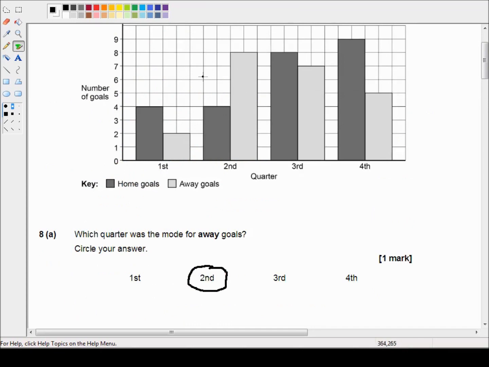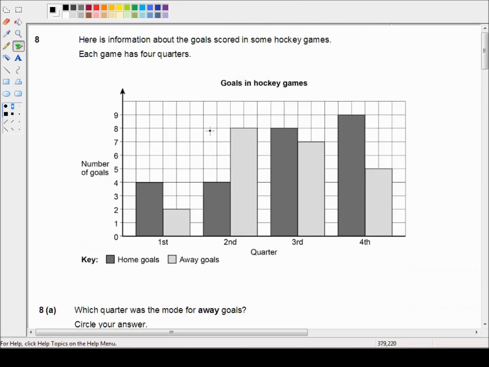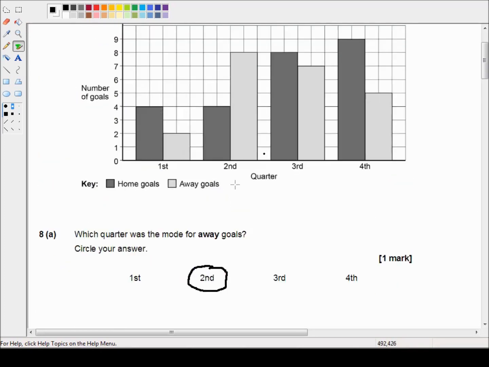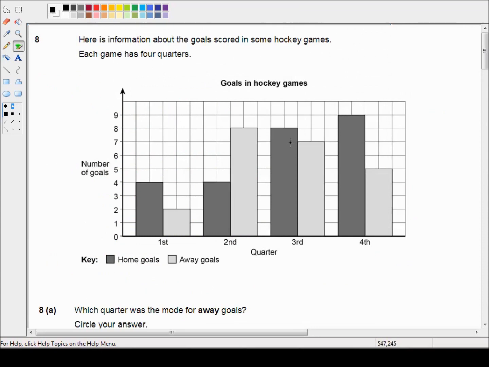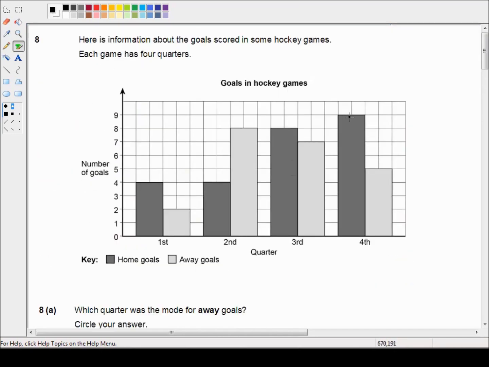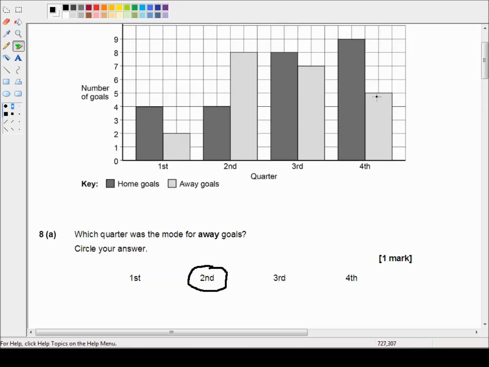That's 8, plus another 8, plus 7, plus 9, plus, I'll make that 5.